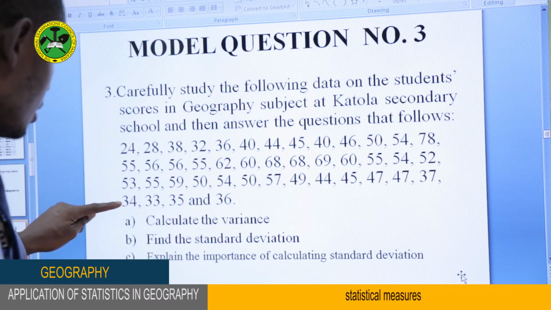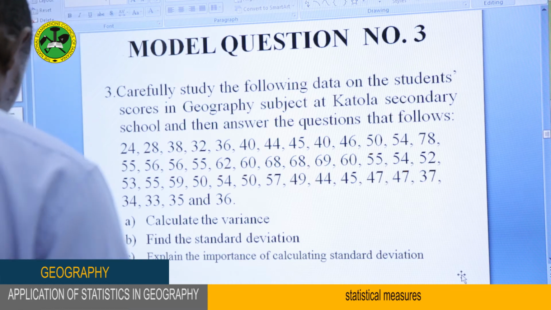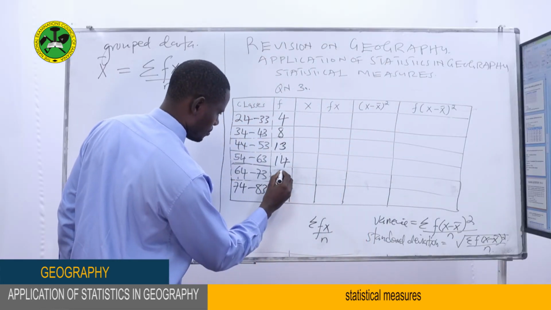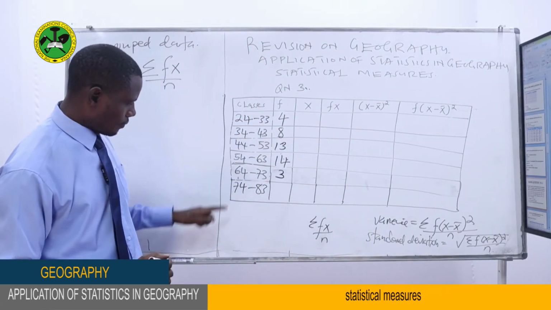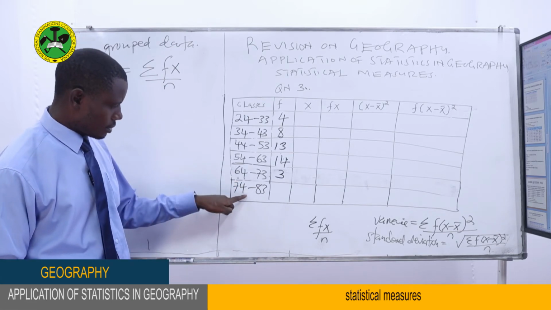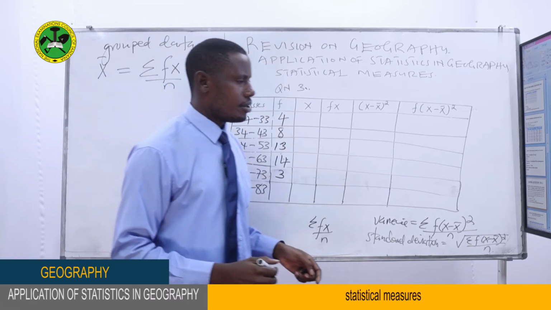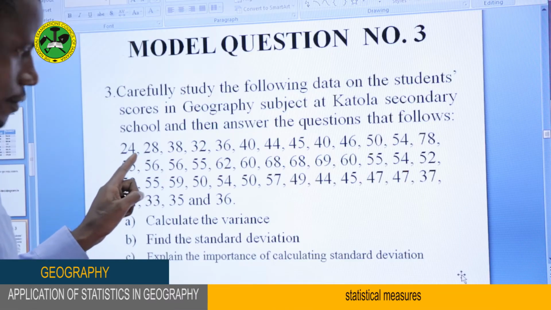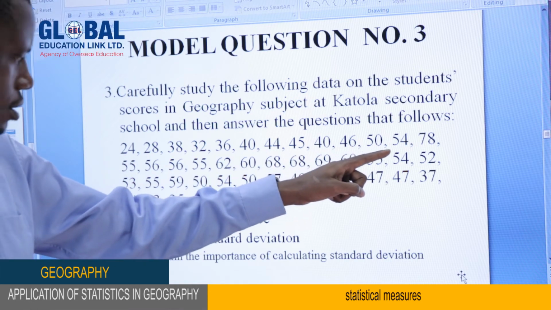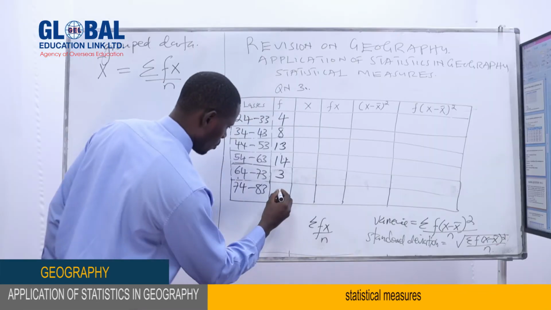If you check on the data there, you'll find that we have 3 of them. So 3 have scored 64 to 73. And then you go to the last class, that is 74 to 83. If you check on the data that we have been given, it's only 1. So we have 78. So we have 1.